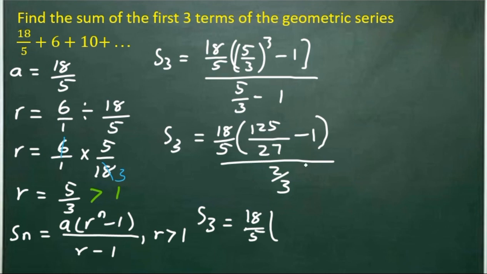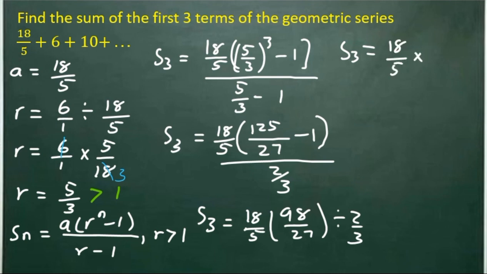When you work out what is inside this bracket, 98 over 27, and this is also divided by 2 over 3. So we are going to have 18 divided by 5 times 98 divided by 27 times 3 over 2. So we have to reciprocate this 2 over 3, which gives us 3 over 2.